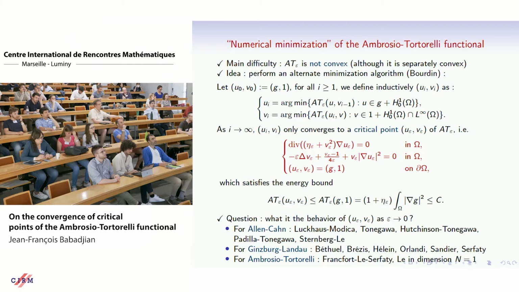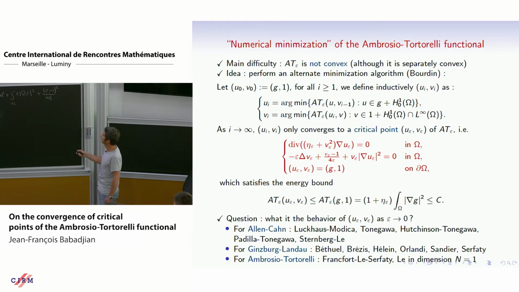So this is the critical point of the Ambrosio-Tortorelli functional, and an additional piece of information that you have is that the Ambrosio-Tortorelli functional of such a critical point will be uniformly bounded with respect to epsilon. So epsilon is a small parameter. And this is essentially because this algorithm makes the energy decrease.